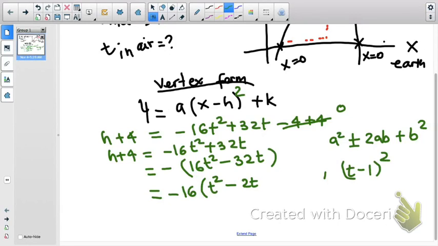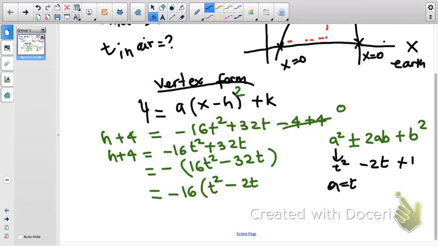Let me do it step by step. So a squared is t squared. And then we have negative 2t. Since a squared is t squared, then a is t. And if a is t, then b has to be negative 1 or 1, depending on how you look at it.